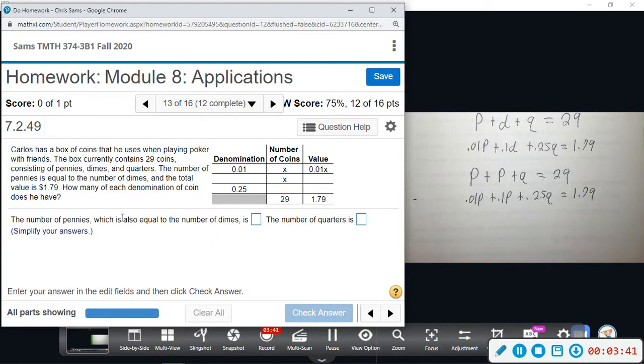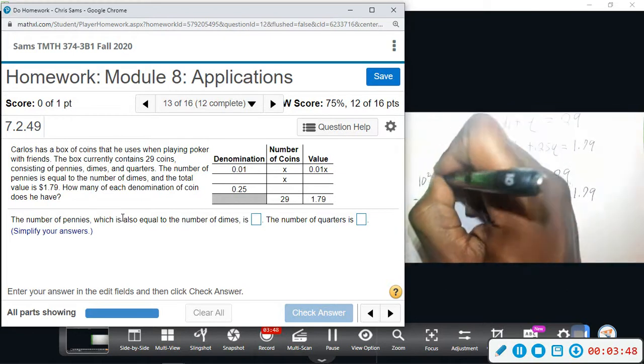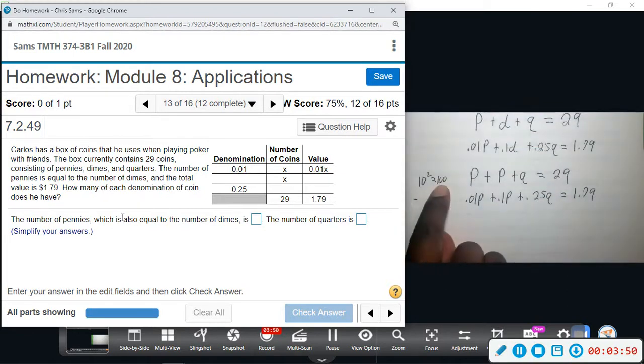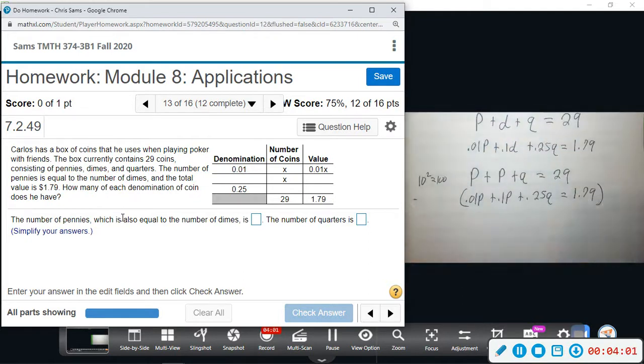So that means I'm going to multiply by 10 to the power of 2, which gives me 100. Basically, however many decimal places, that's how many zeros you need. You can multiply by 10 to move once, 100 twice, 1,000 three times, and so forth. So to get this problem to whole numbers, I'm going to multiply by 100.